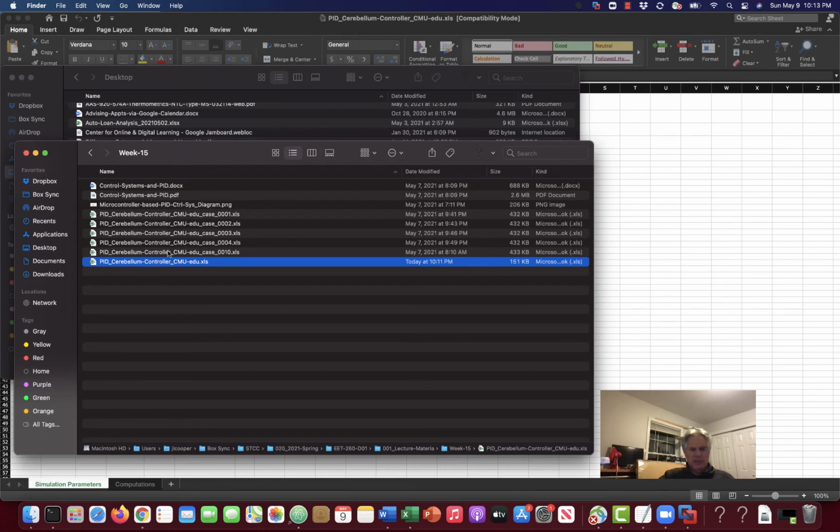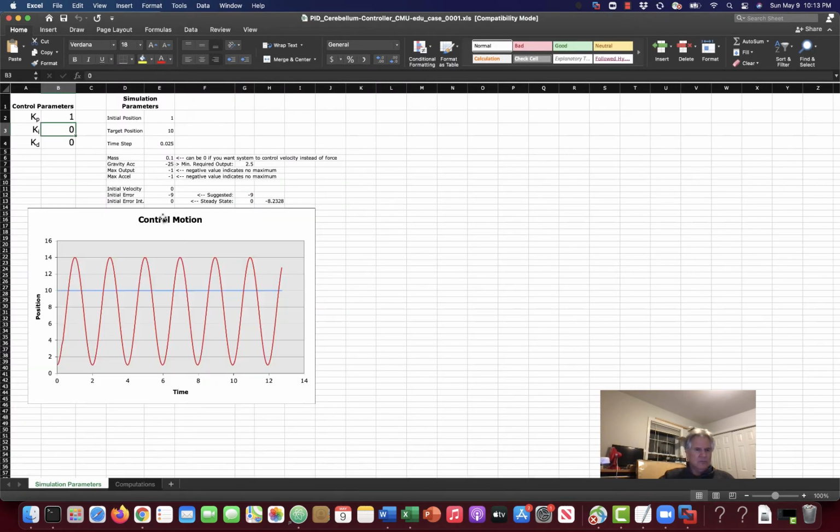Here's a couple examples. Here I put in a proportional constant of 1 and no integral or derivative. And you can see this system just sits there and oscillates. It shoots past the desired set point.